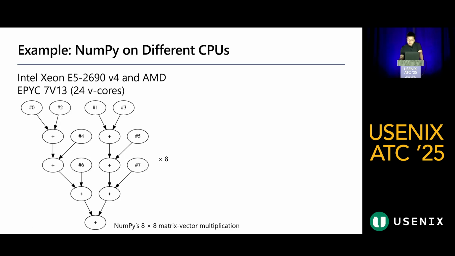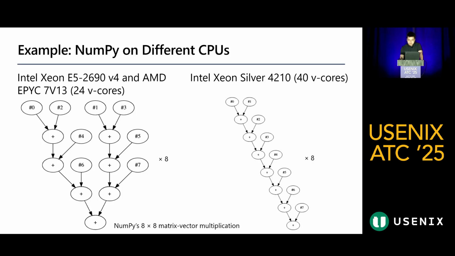We know that on CPU1 and CPU2, with 24 vCores, the 8 products of each output element are accumulated using two-way summation on the left side. Whereas on CPU3, which has more cores than CPU1 and CPU2, the products are accumulated sequentially.